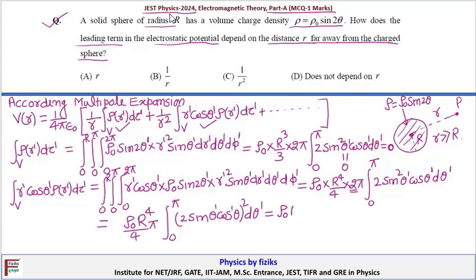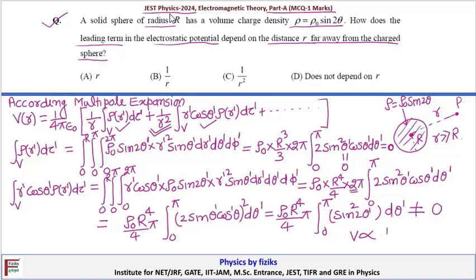So that will be rho naught R power 4 by 4 into pi, from 0 to pi, of sine 2 theta dash whole square d theta dash. And you can easily check this integral will be non-zero. So if we have to see the main dependence, the leading order term is 1 by r square. So we can easily say that V's main dependence is 1 by r square. So option C is correct.